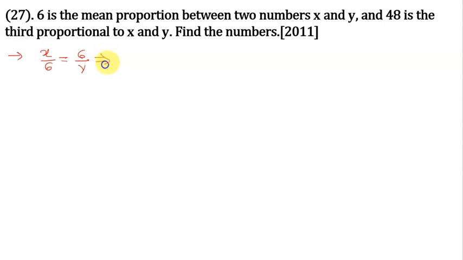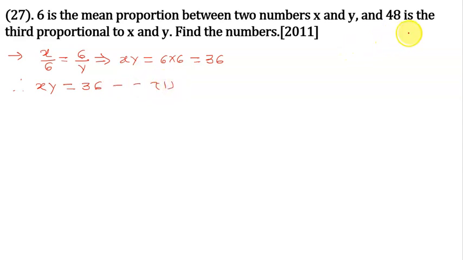It implies that x into y is equal to 6 into 6, and that is equal to 36. And hence the first expression is x into y is equal to 36.